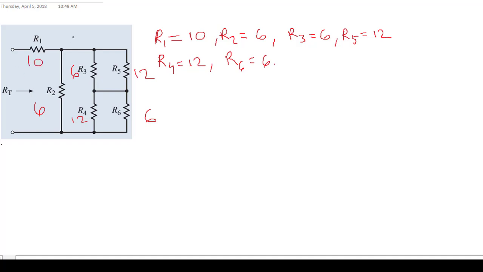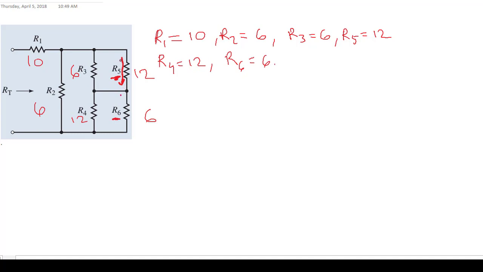Now the mistake that many of you make is the following. They consider that R5 and R6 are in series, or R3 and R4 are in series, and that's not true. The definition of a series connection means that the same current that passes through one element passes through the other element.